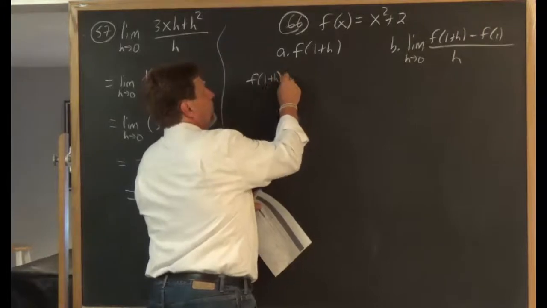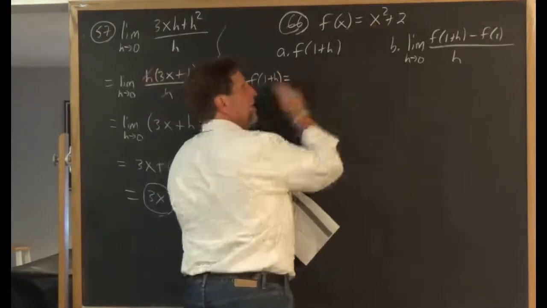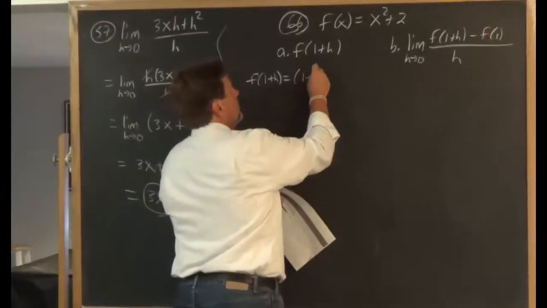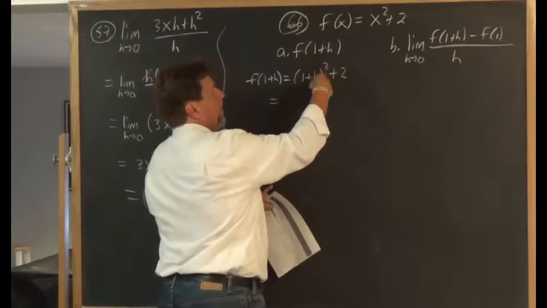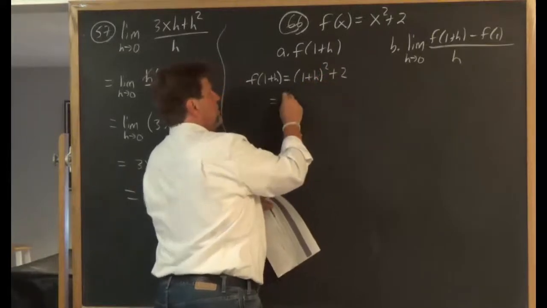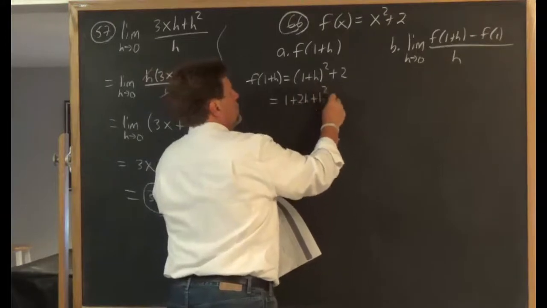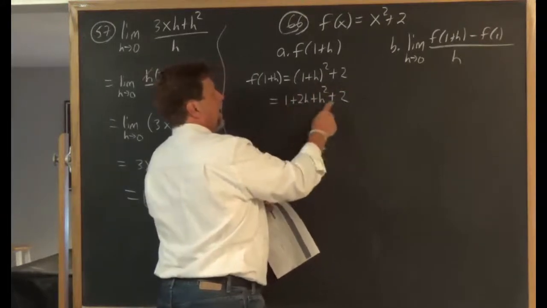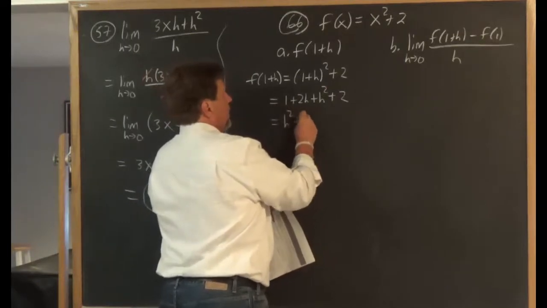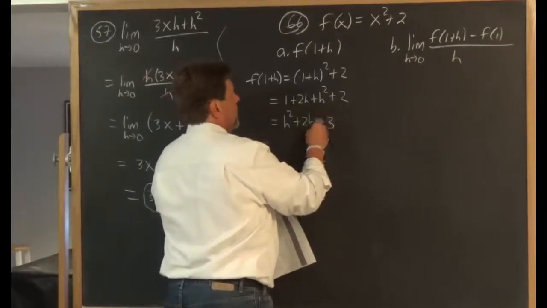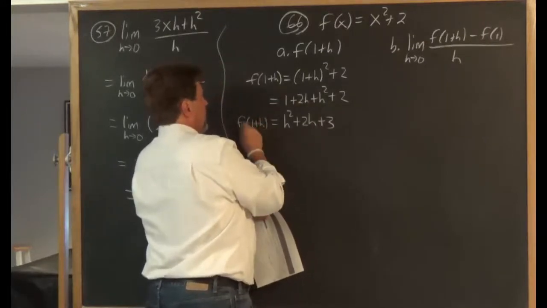So for f of 1 plus h, we take 1 plus h, toss it into the function for x, and let's see, if we FOIL that out, 1 plus h quantity squared is a 1 plus a 2h plus h squared. Then combine the like terms. 1 and 2 is 3. So we have h squared plus 2h plus 3. So that's what the f of 1 plus h is.